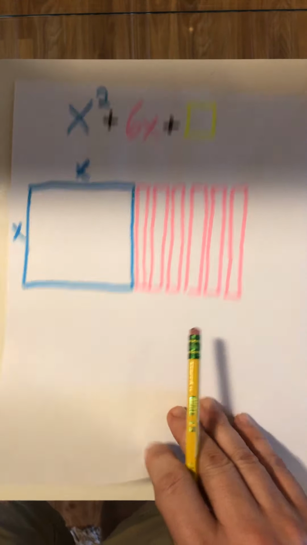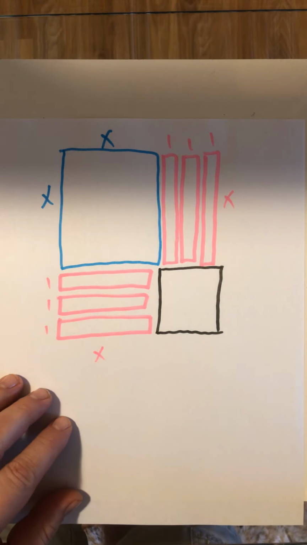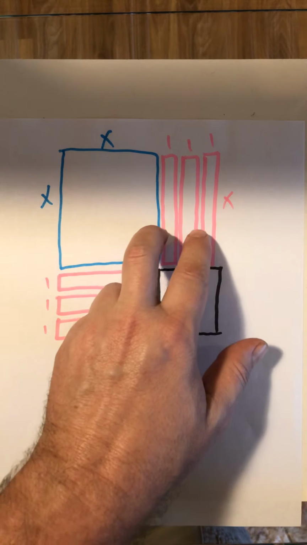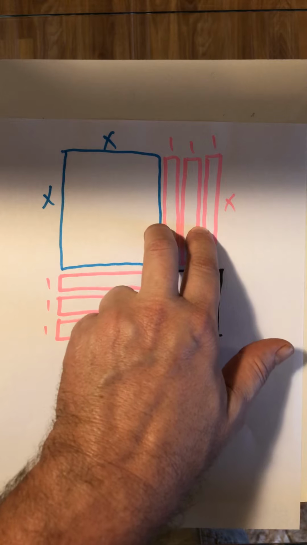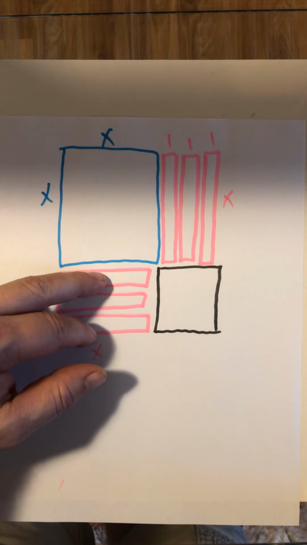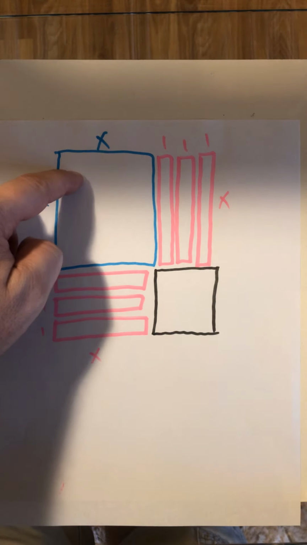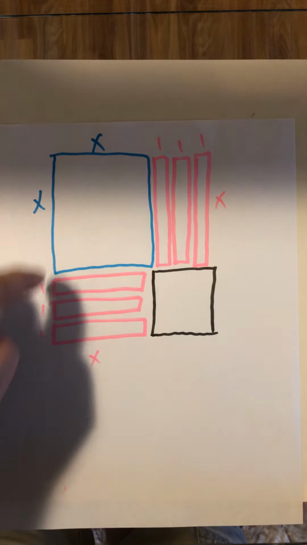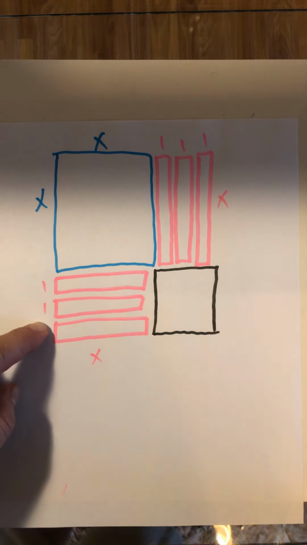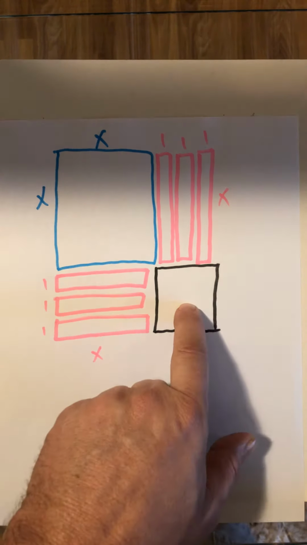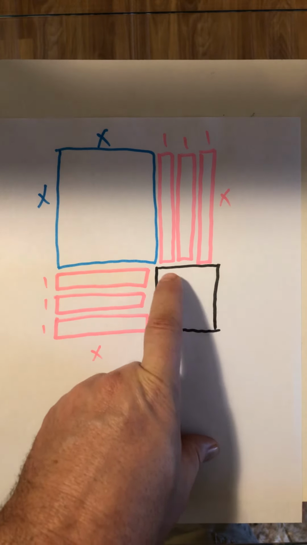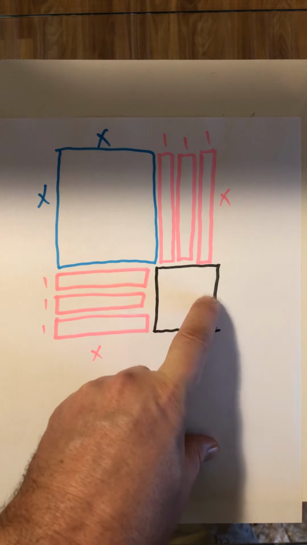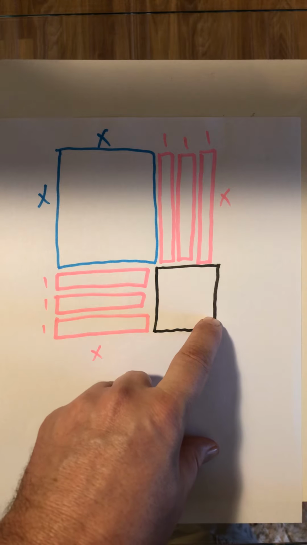So then what I would end up having is 3 of those x's here, 3x, and then 3x here. So I've got x by x up here, plus 3x, plus 3x. Then I need to figure out how many of the yellow blocks I would need to fill in here to complete my square.